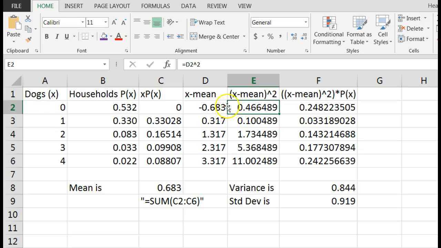This column, the number here, squared, so I raised it to the 2nd power. And then I got those numbers. And then out here in column F, I simply multiplied my X minus the mean squared times the probability. So the number I got here times the probability, 0.532 for each of these. Then I summed those up. That sum is my variance. And then I took the square root of the variance, and that is my standard deviation.